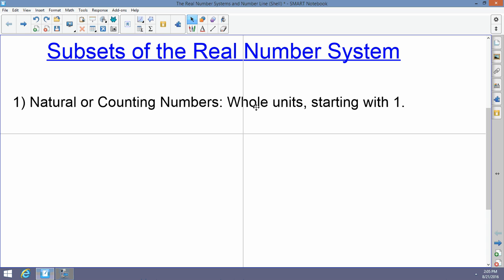Please make note of the fact that there are absolutely no fractions or decimals in natural or counting numbers. Throughout this lesson, we're going to be writing all of these sets in the form of an actual set with braces, and we're also going to define them using a number line.